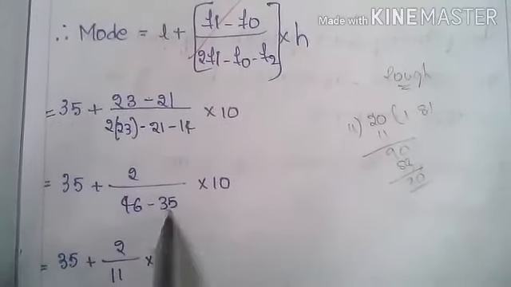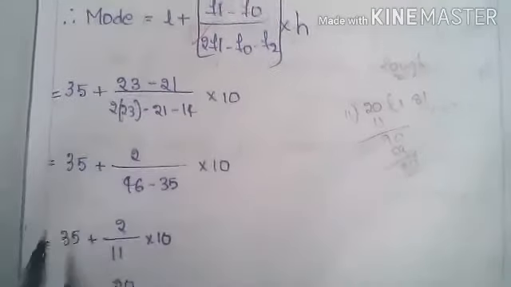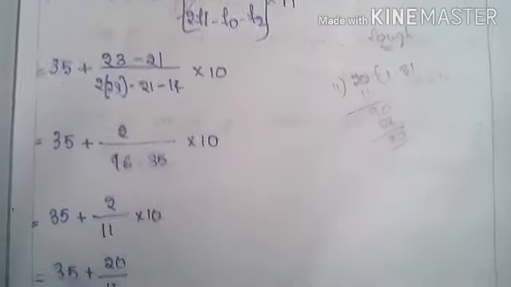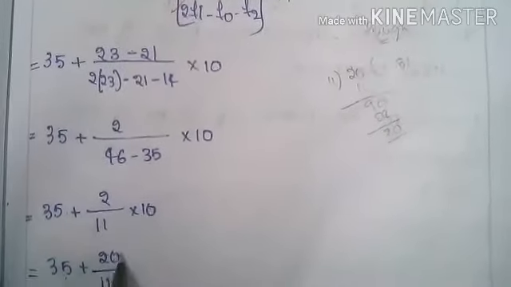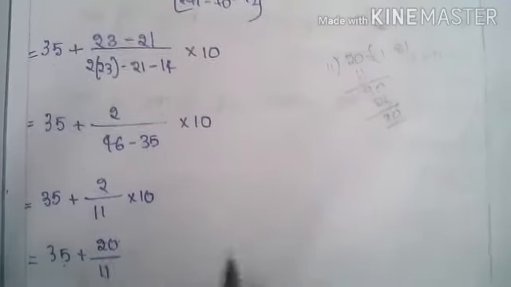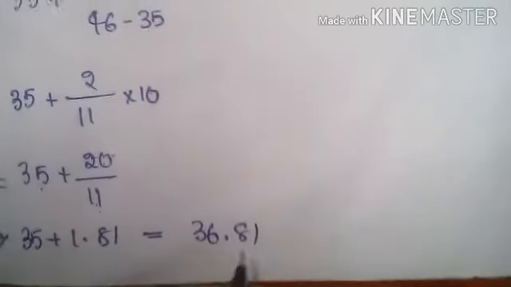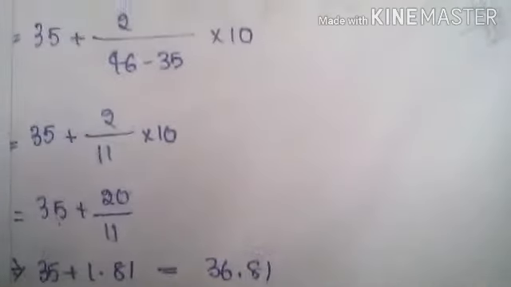So 46 minus 35 will get... 35 plus 20, 2 into 10, 20, 20 by 11. So 20 by 11 will get 1.81. So 35 plus 1.81 is equal to 36.81.